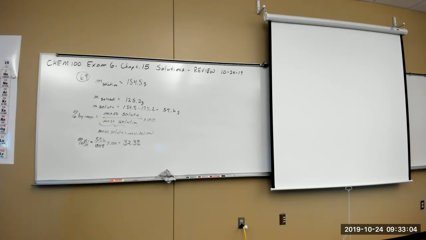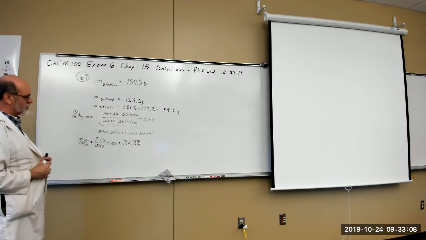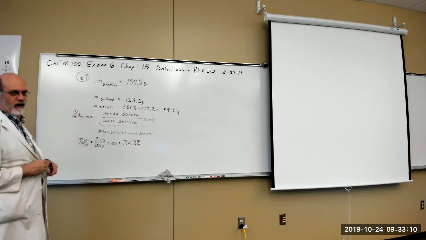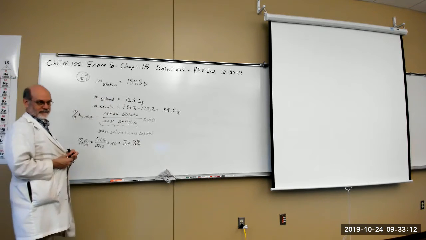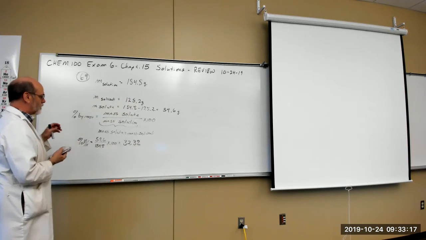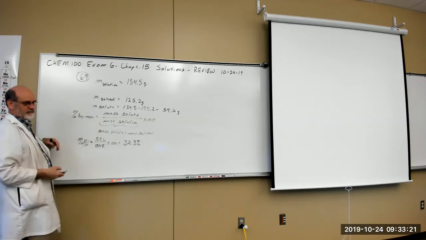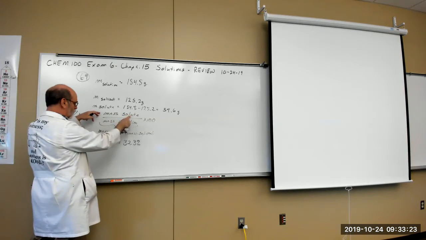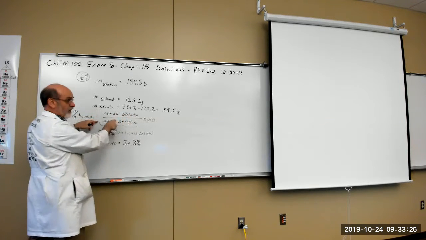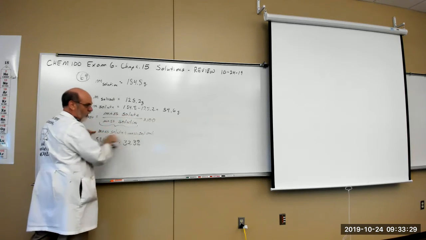Okay. Yeah, sometimes the information you need is sort of buried in the problem. You got to dig it out. This is really a test of whether you understand how this formula is constructed. The mass of the solute is both in the numerator and the denominator because it has to be included as a part of the whole.